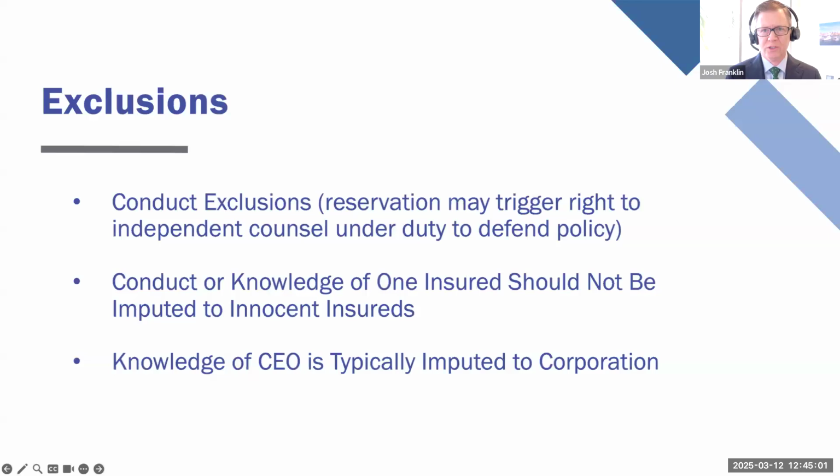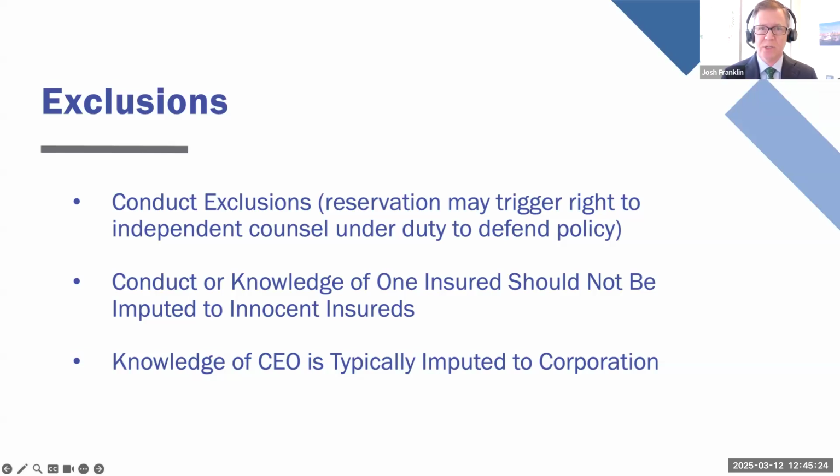So when an insurance company defends under a duty to defend policy, almost always it will be done subject to a reservation of rights. And many of you have probably seen these reservation of rights letters. They're very lengthy, and they will quote all of these policy provisions that the insurance company believes are relevant to the coverage analysis.